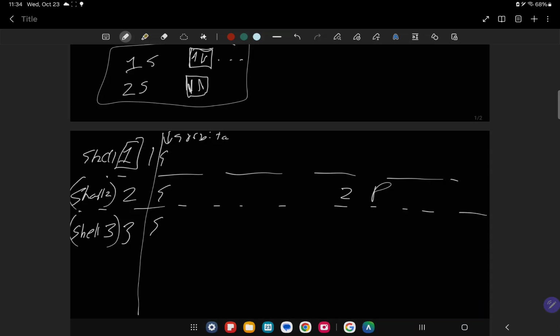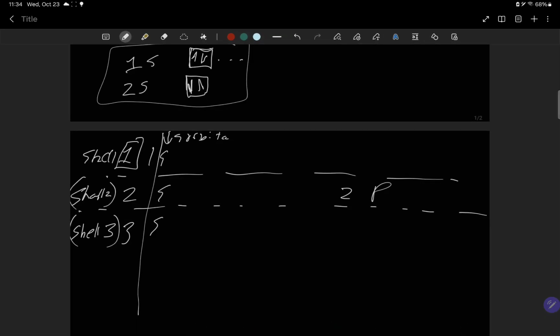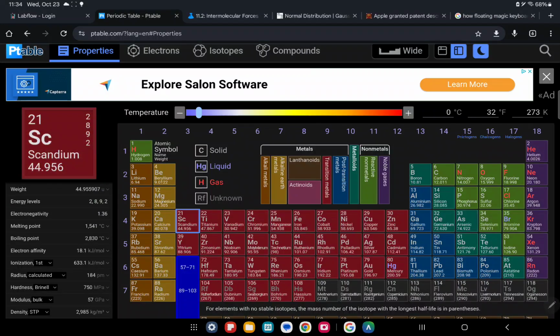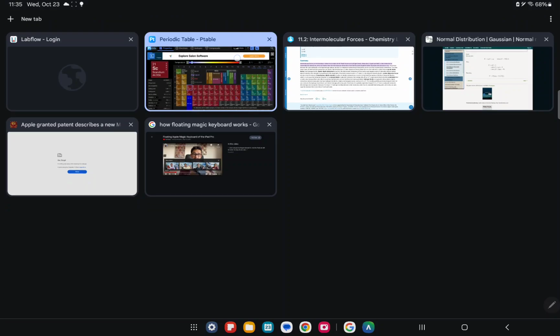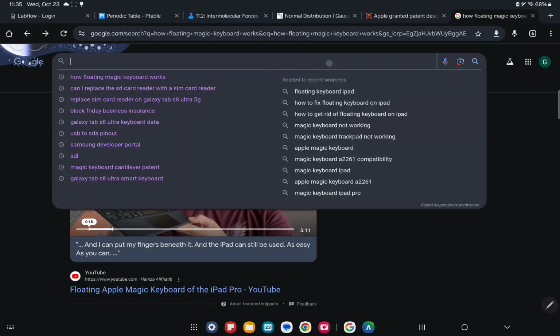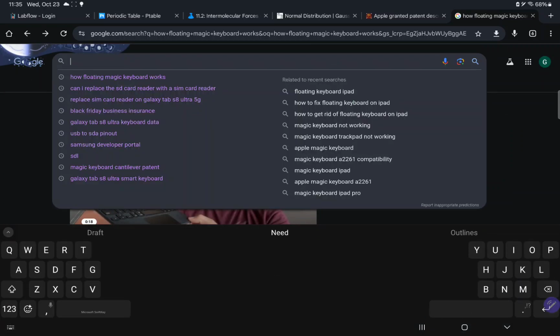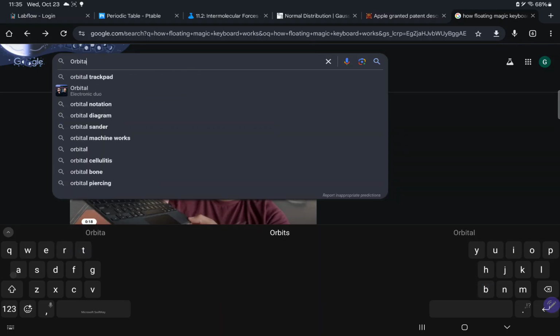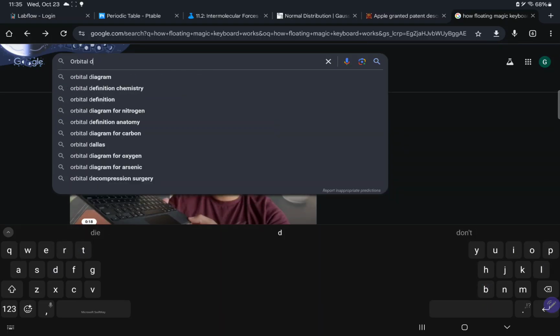Then I want to make sure I'm getting this right, 'cause if I recall, I'm going to pull up a diagram.